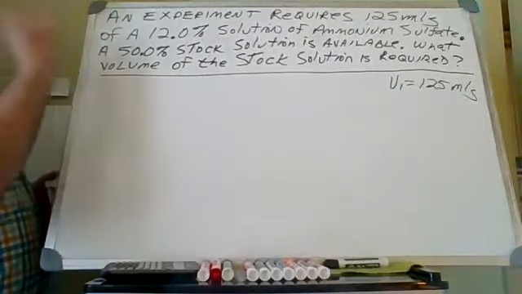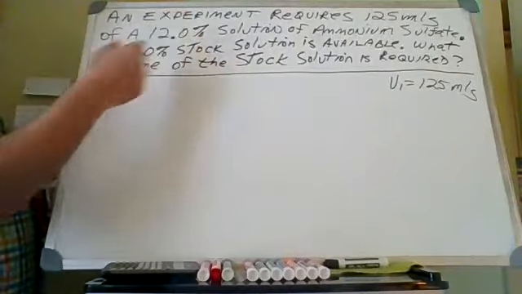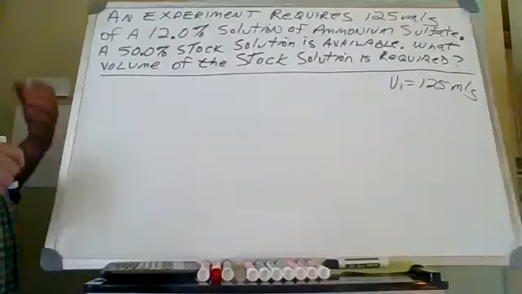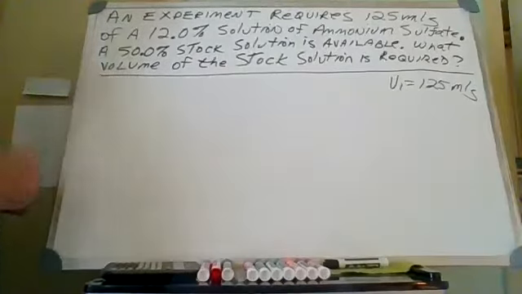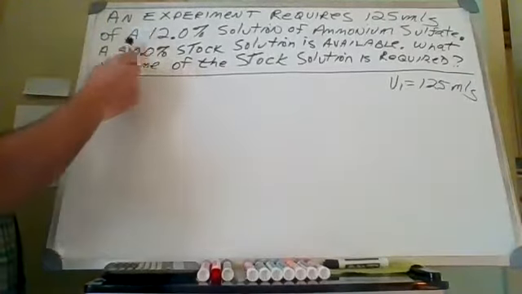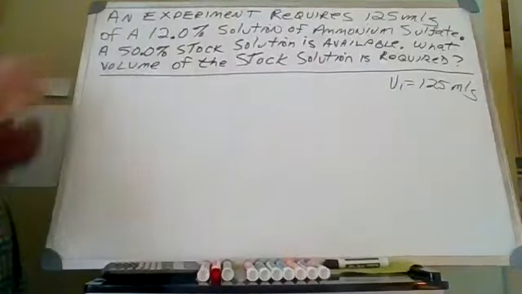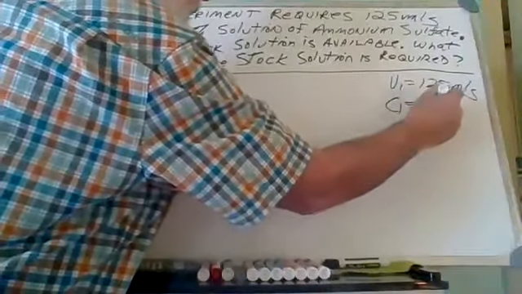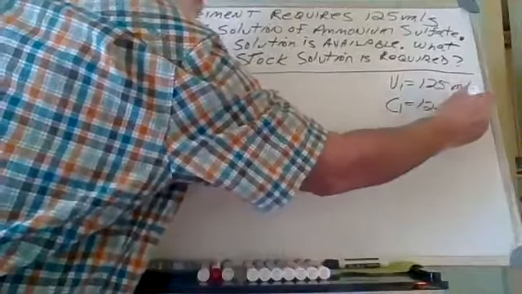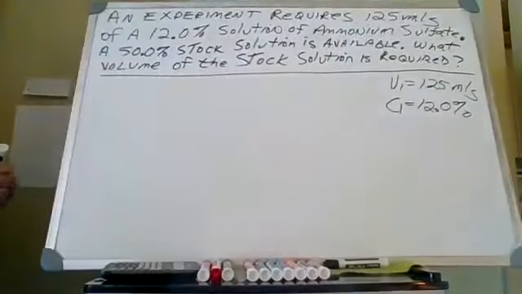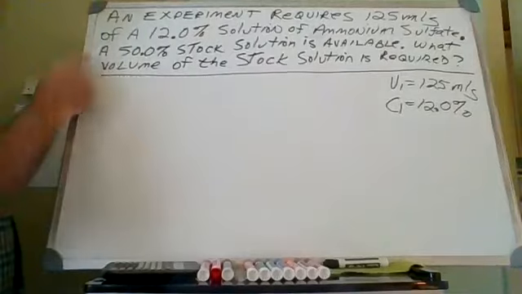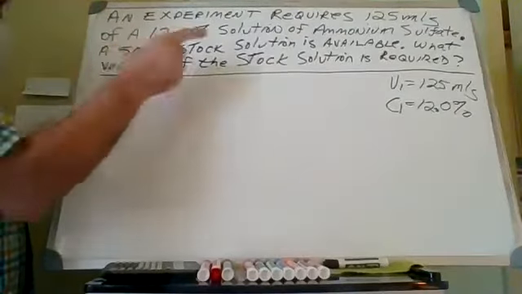Again, percent is another unit for concentration, although it could be percent weight to weight, percent weight to volume, or percent volume to volume. And we don't really care here for this problem. So here's my first concentration: C1 equals 12.0% of ammonium sulfate. Now here's the second solution, a 50% stock solution.